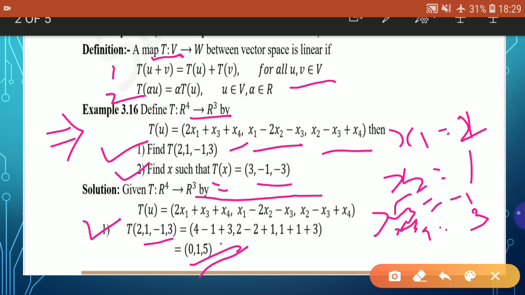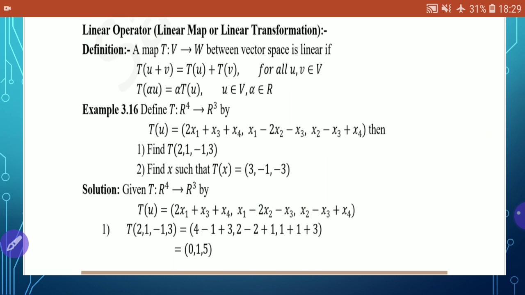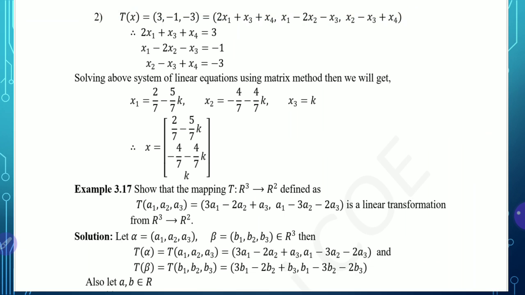Fine. In the second case we need to calculate the pre-image. Let us see how we are going to do it. For calculating the pre-image, consider the given value, that is T of x equal to (3, -1, -3).